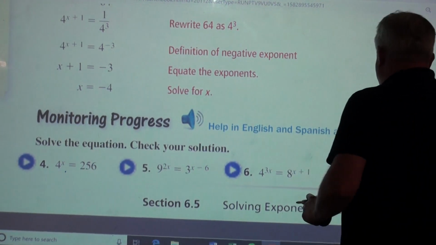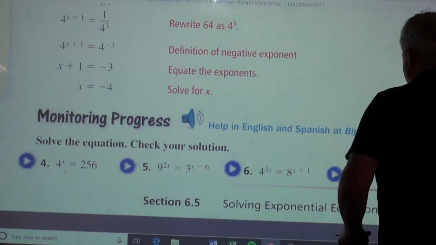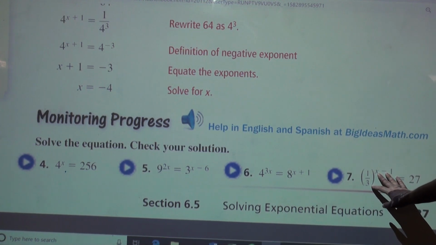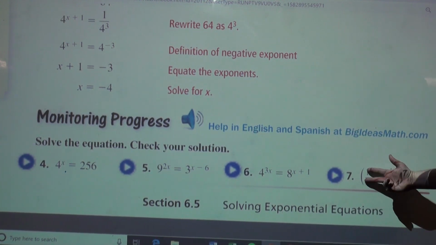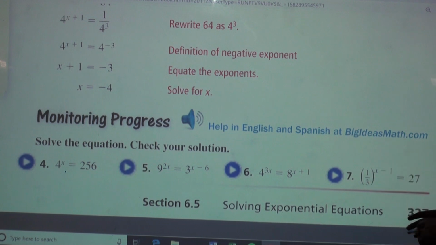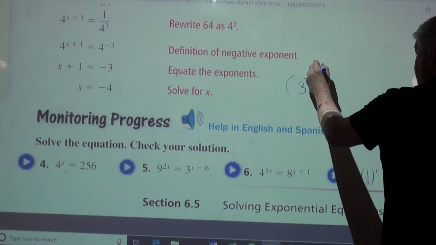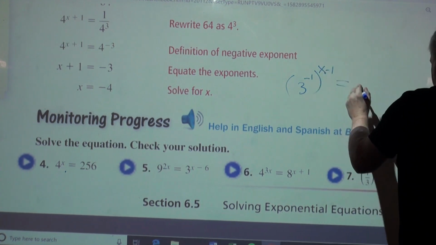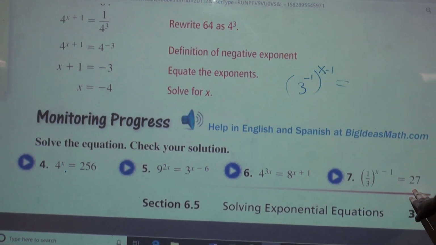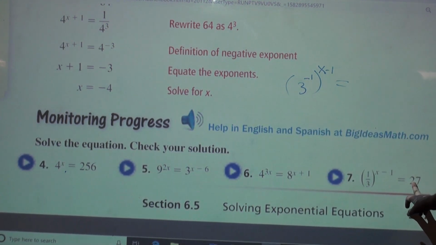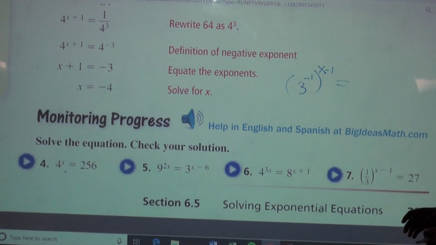Lastly, number 7, they threw in a fraction, 1/3 to the x minus 1. What you need to do is flip that back up and make it a negative exponent. So it's 3 to the negative 1 to the x minus 1 equals 27. Remember, we have to have like bases. The like base here is 3. 27 is the same as 3 cubed.